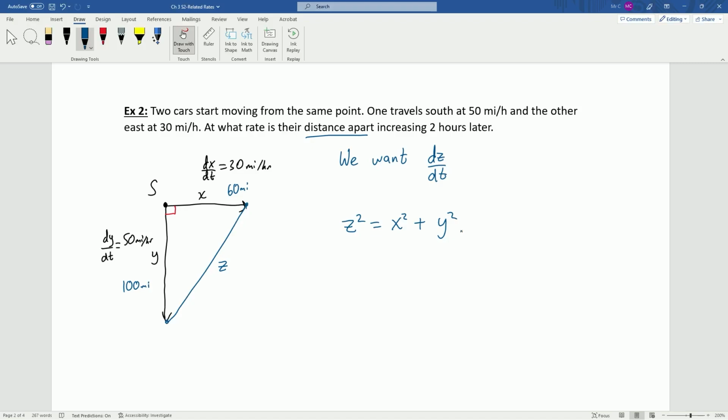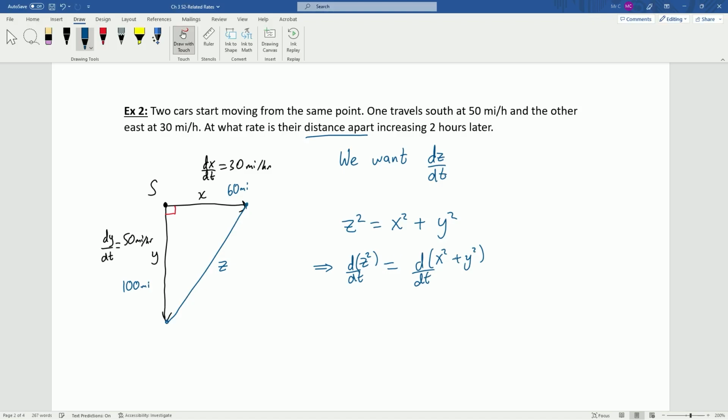Now I could solve this for z explicitly, but then I'll have a square root, and then when I take my derivatives, I'll have a chain rule. Actually, it's going to become a lot more complicated if we do that. But instead, what I can do is take my derivative of both sides of the equation, just like with any other implicit differentiation problem.